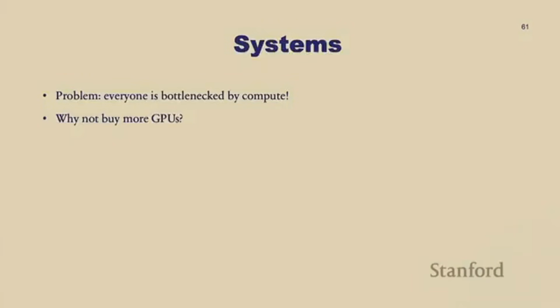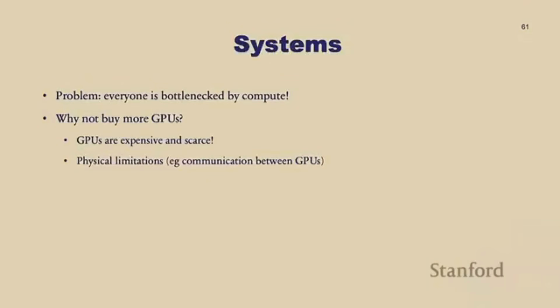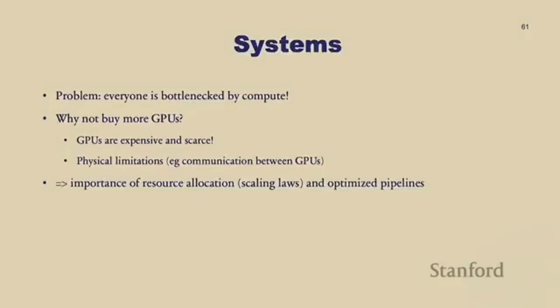One question you might ask is, why not buy more GPUs? GPUs are expensive, but also scarce. Even if you have $10 million right now, you cannot buy the best GPUs. There are also some physical limitations. When you have multiple GPUs, you have to communicate between them, and that takes time. So just buying more GPUs is not that easy. It's really important to think about how you allocate resources and how you optimize your pipeline.